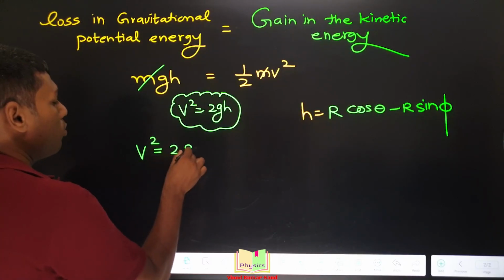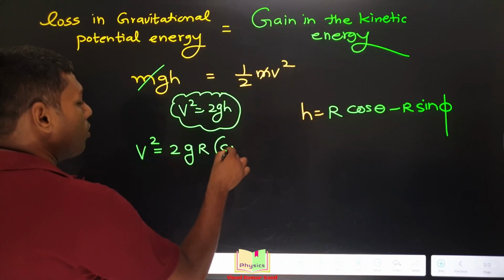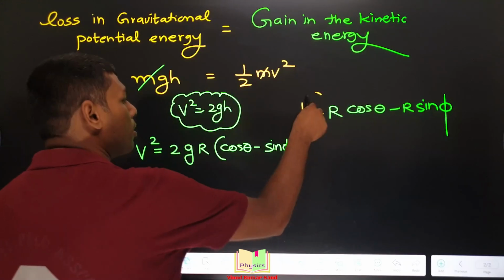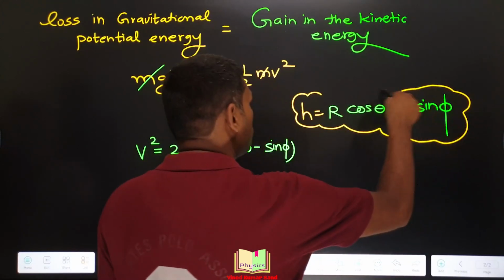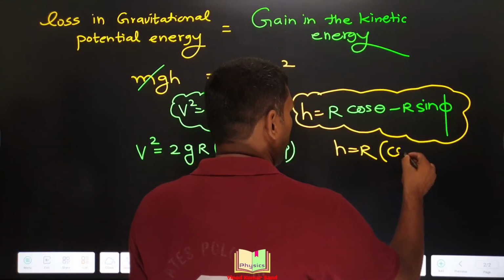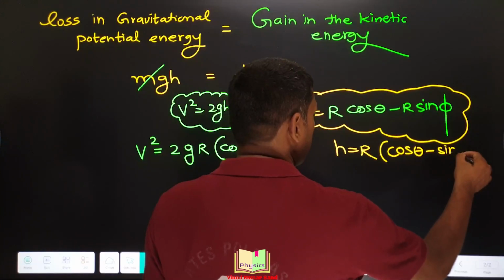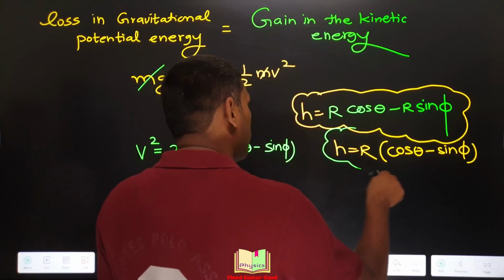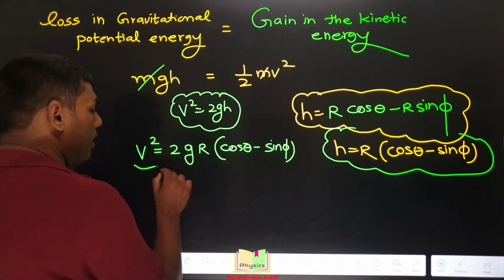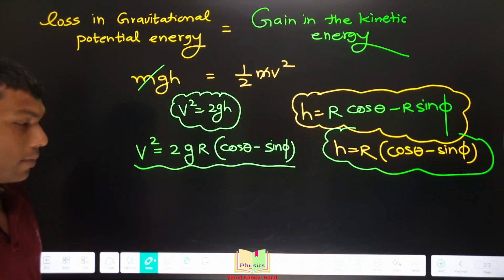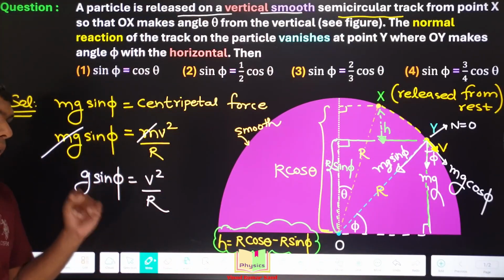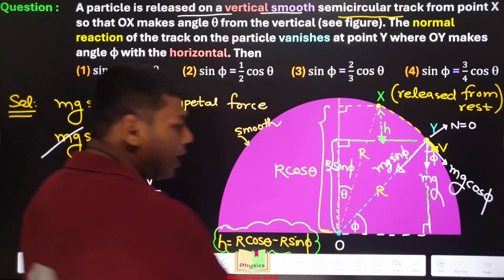So v square comes out to be 2gr (cos theta minus sin phi), because from this computation of h, you could have taken r common, and then you are left with cos theta minus sin phi. This value of h we have replaced here, so we got the final value for v square.